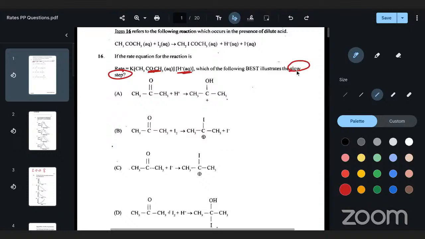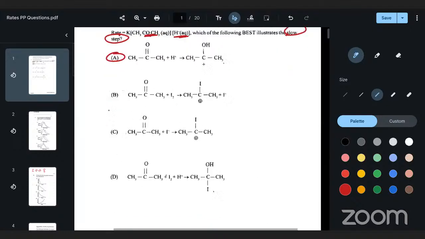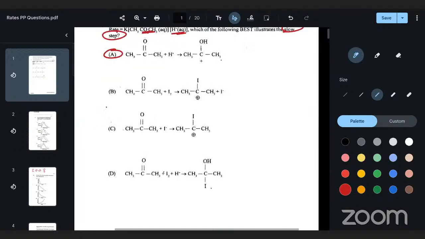Whatever is in the slow step of your reaction mechanism, that is what will go in the rate equation. So the fact that it is these two that are in the rate equation, then that is what would have been in your slow step. Were we clear on that? Yes, sir. Right. So just because you see iodine in the equation does not mean you're going to pick the option with it. All right. So I'm going to scroll down. I will send you this after we are finished.